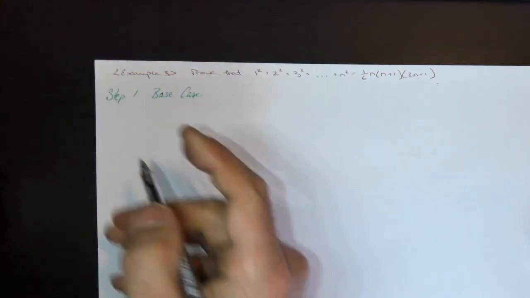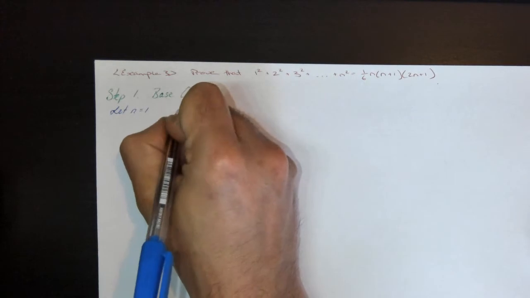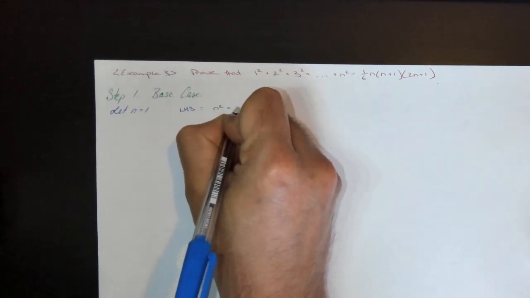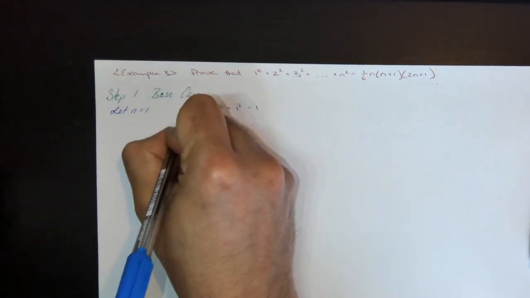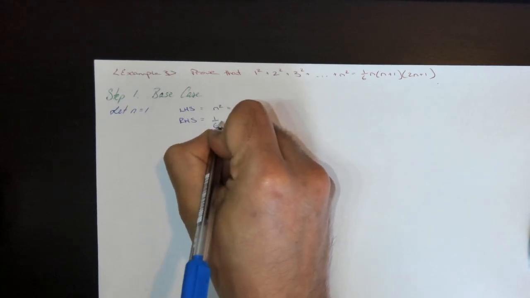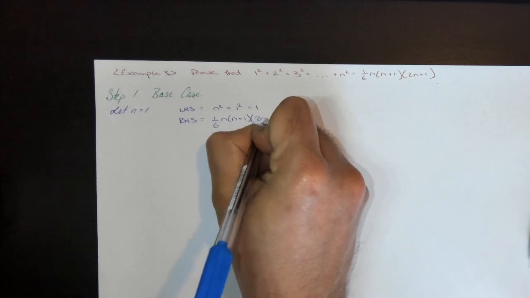Okay, so we're going to let n equal 1. On the left-hand side, we get n squared. That's 1 squared, which equals 1. The right-hand side, we get 1 over 6 times n, times n plus 1, times 2n plus 1.